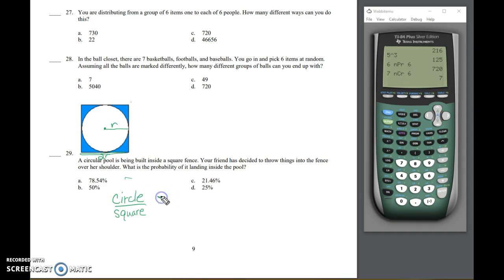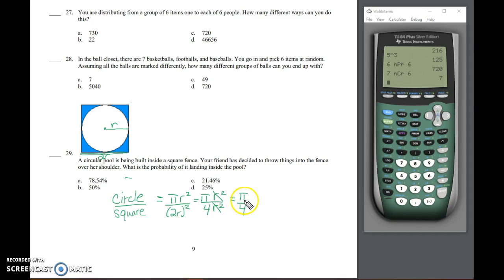So that gives us our area of pi r squared for the circle. And for the square, it would be side squared, so it would be 2r squared. So that would give me pi r squared over 4r squared. And my r squares would cancel out, leaving me pi over 4.